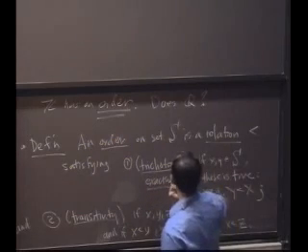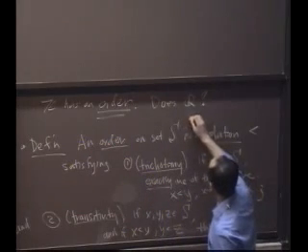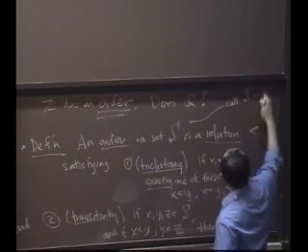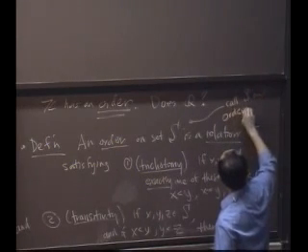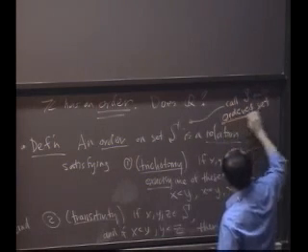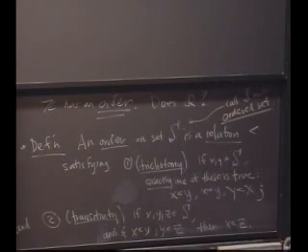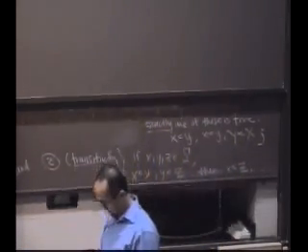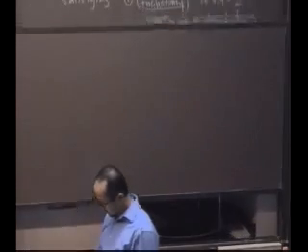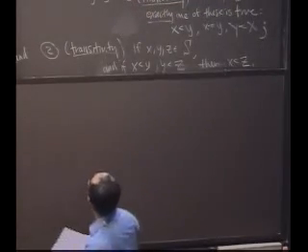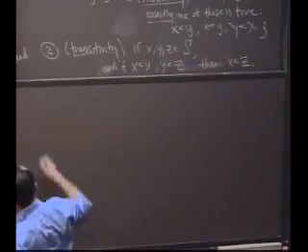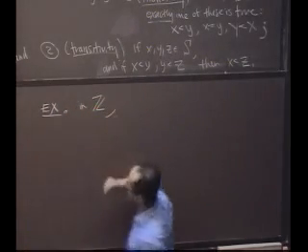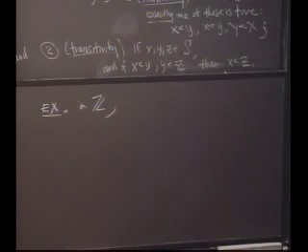An order on a set S is a relation, and if it has an order, we'll call S an ordered set. Very good. So what is the ordering on Z? Here's an example. In the integers, what's an order?